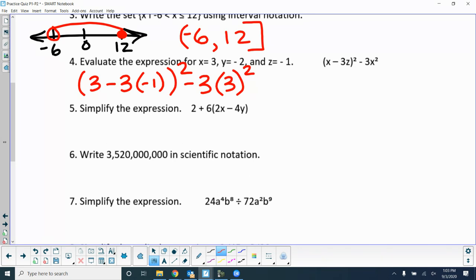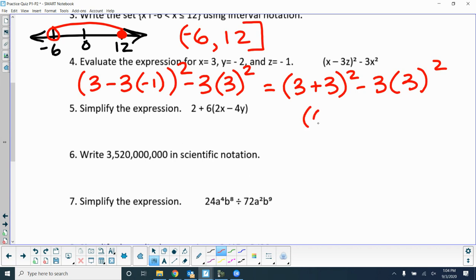Okay? I'm just going to do the parentheses first. Inside the parentheses, I'm going to do the multiplication before the subtraction. -3 times a -1 actually makes that a +3. Well, I can still do the 3 plus 3 in the parentheses, and that's 6.